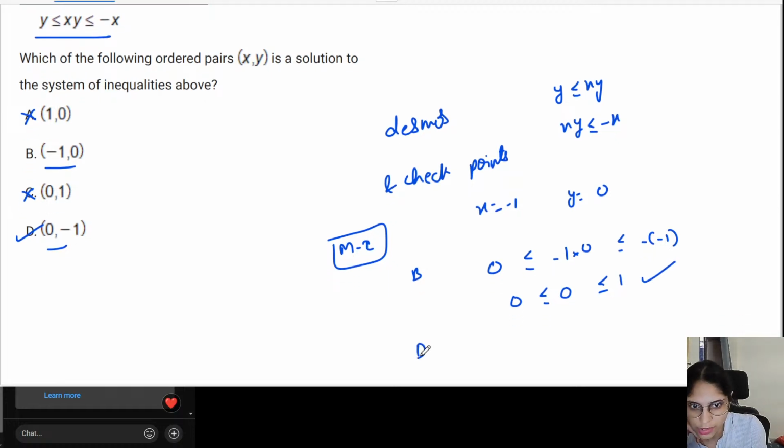And now let's try D. There x is 0, y is negative 1. So negative 1 is less than or equal to, again the product is 0, less than or equal to 0. What do they want? They both are the answers.